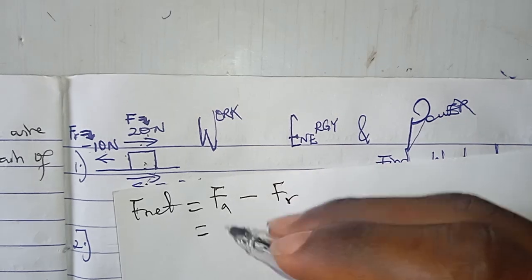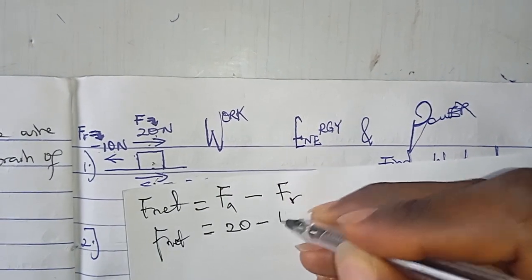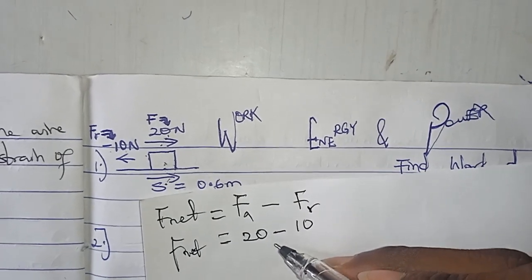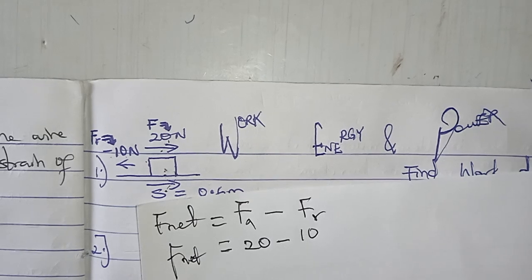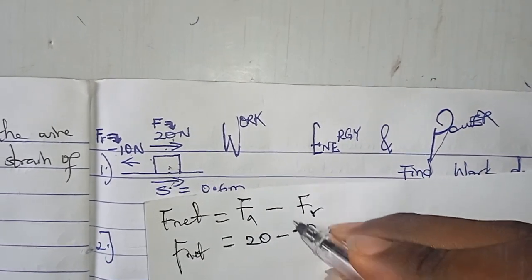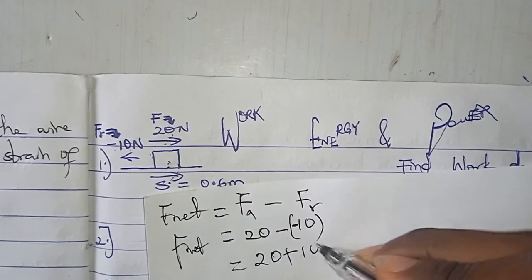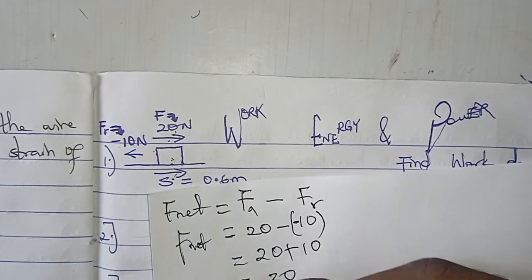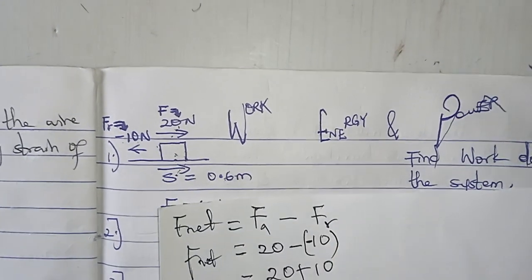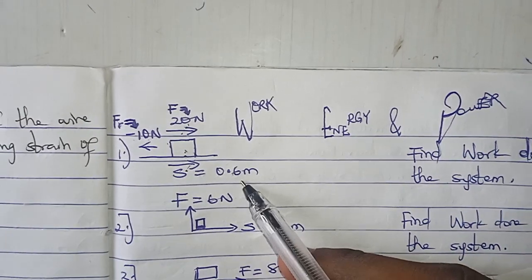So F net will be equal to 20 minus 10. But notice that they gave us that the friction is minus 10. So it will be 20 minus minus 10, which is the same thing as saying 20 plus 10, so equals 30. While the displacement itself is 0.6.